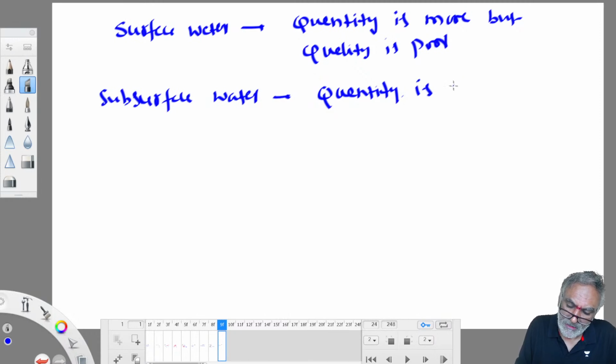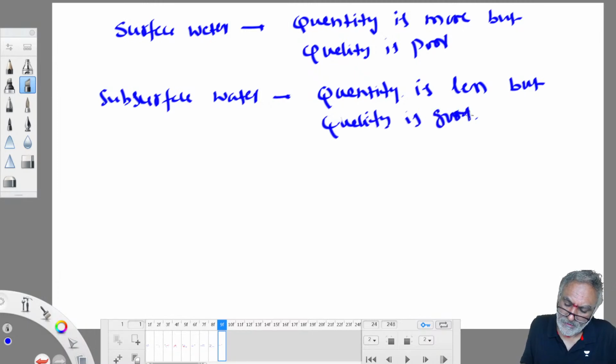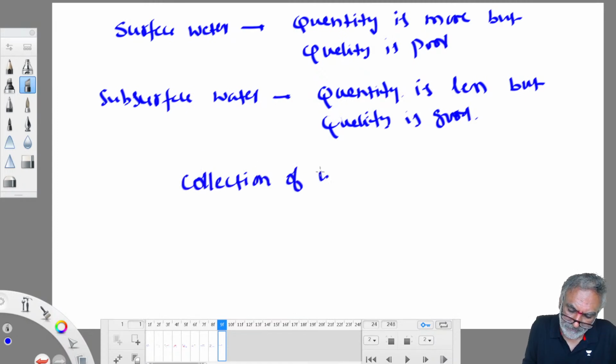Quantity is less available, but quality is very high. Okay, which is best, which is bad, that much idea is more than sufficient. Then collection of water. Collection of water is made by intakes.